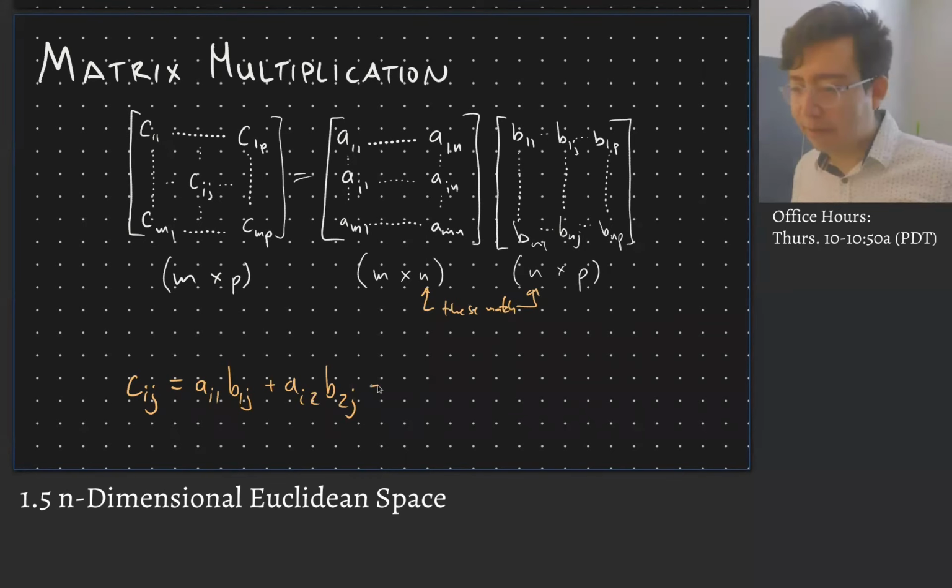You might see where we're going with this, maybe, but maybe not quite yet. Basically, the i and the j are going to stay the same on the A and the B, but the 1 here turns into a 2, then it turns into a 3, and you keep going until it turns into an n, right? And that's the last thing in this row. So we're going down this row for the A's and going down this column for the B's.